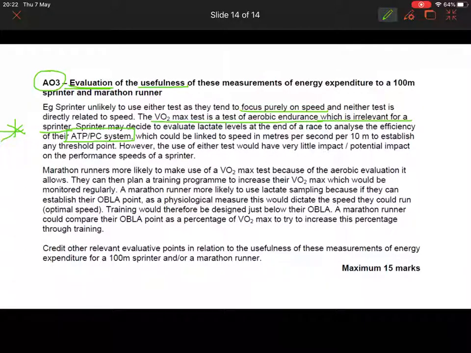A sprinter would predominantly be using the ATP-PC system because, and I go back to the physiology consolidation that you looked at last week, if we look at duration and intensity of exercise, the ATP-PC system will be the predominant energy system for exercise that's less than 10 seconds, or 10 seconds maximum I should say, at a very high intensity.